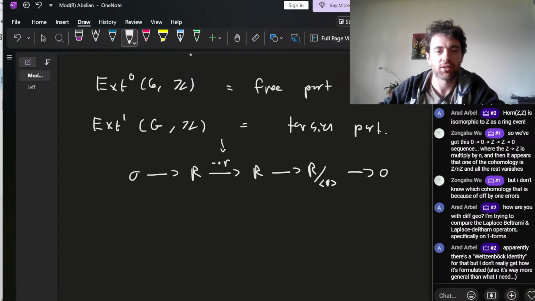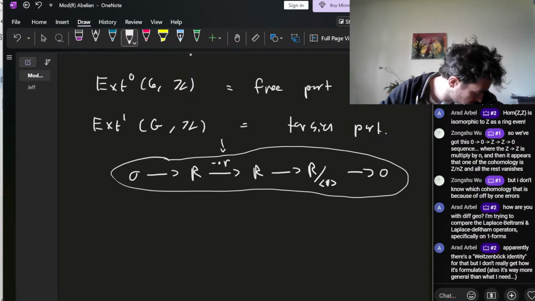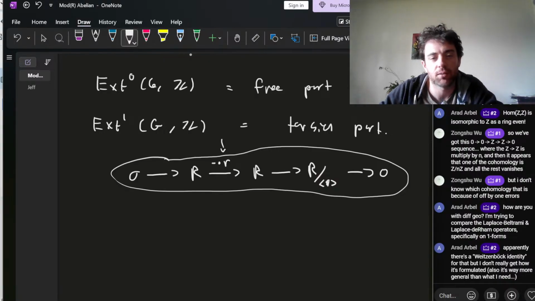This is going to be a free resolution if R is an integral domain, because otherwise this map is not injective.